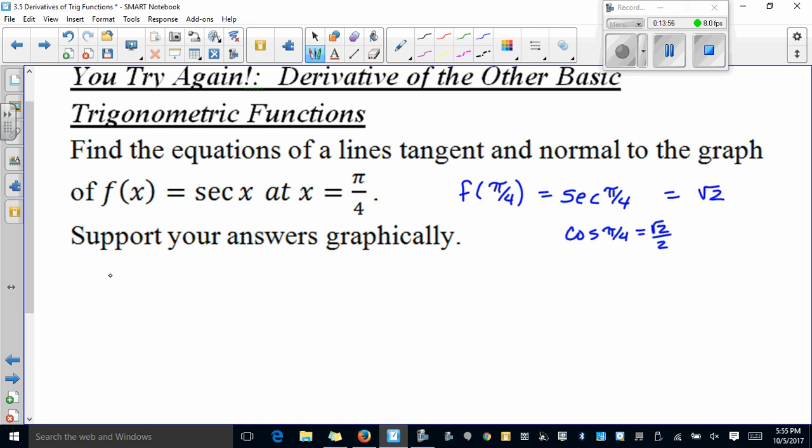So I need my derivative, f prime of x. The derivative of secant is secant tangent. So this is secant of x, tangent of x. But I want to know what that value is at pi over 4. So I need secant of pi over 4 times tangent of pi over 4.